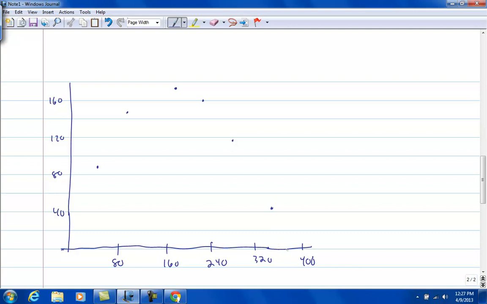And then finally at 410 we're below the ground. So this is in essence the path that was taken, roughly speaking. Okay, so there's the path.